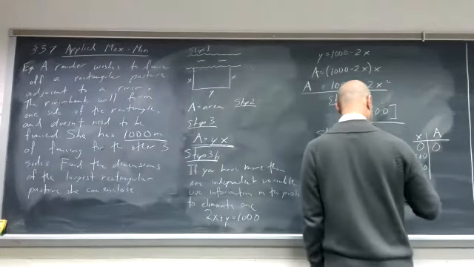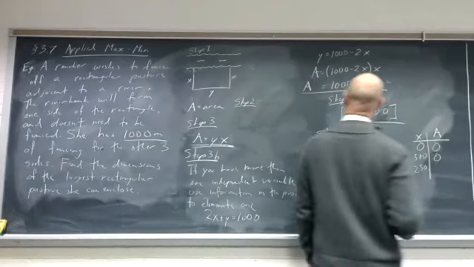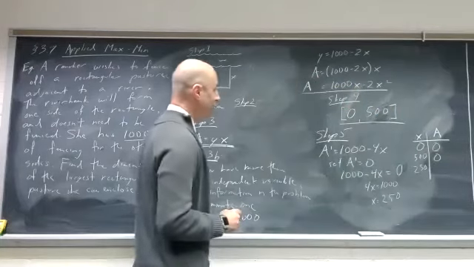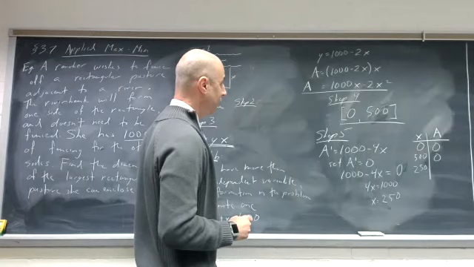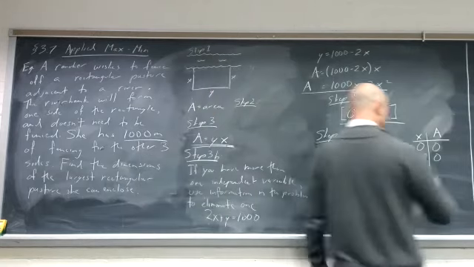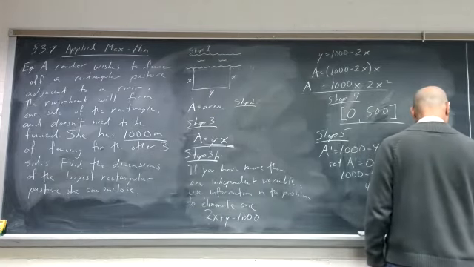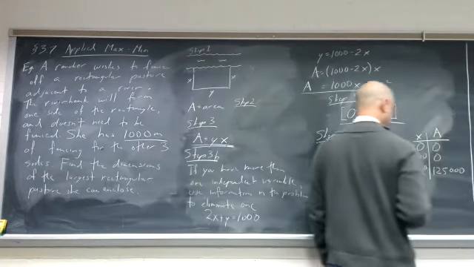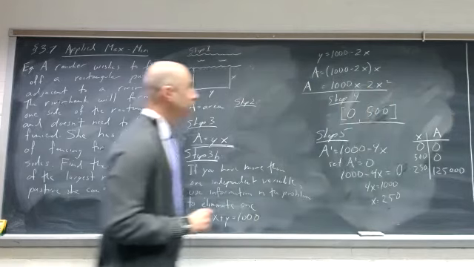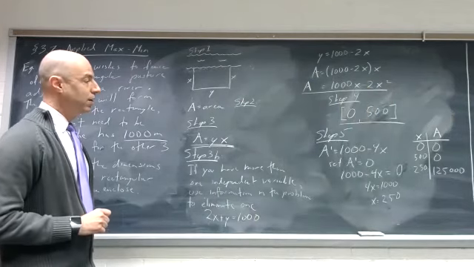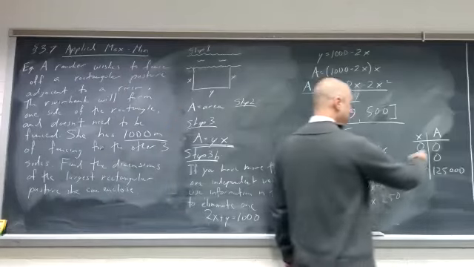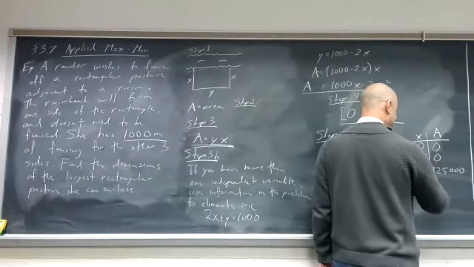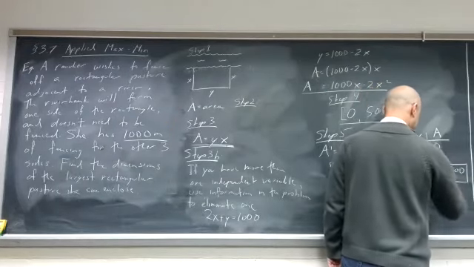If you plug in 500, you get 0. If you plug in 250, I think you get 125,000. And comparing these three numbers, 0, 0, and 125,000, to me, that looks like the biggest.